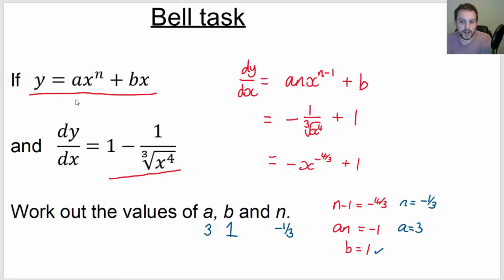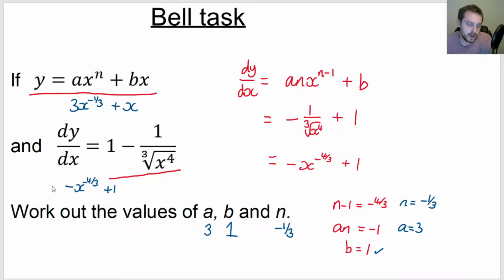Now you could even check this. If you do 3x to the minus 1/3 plus 1x, which is just x, and differentiate that, you'll times by the power, so that's minus 1 x to the minus 4/3, and then just plus 1.